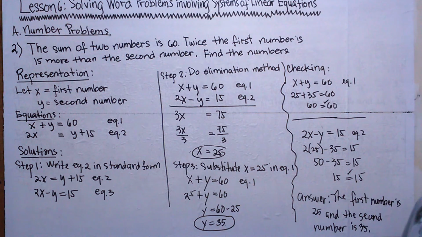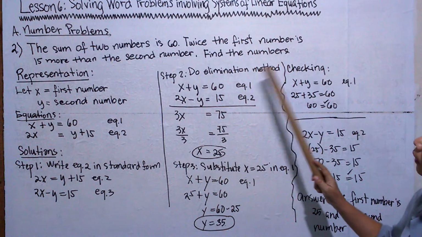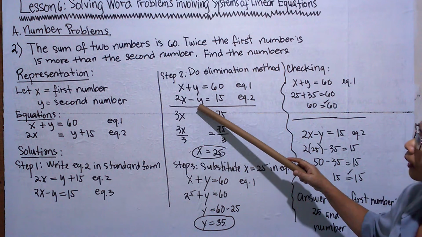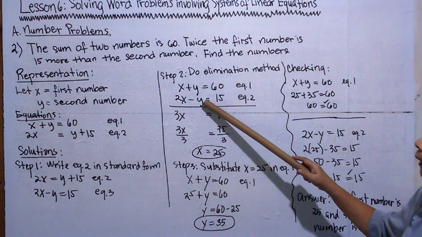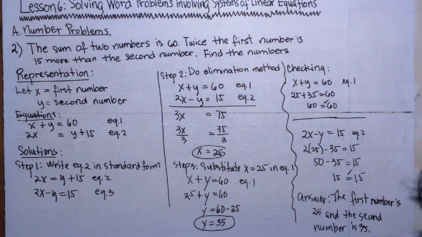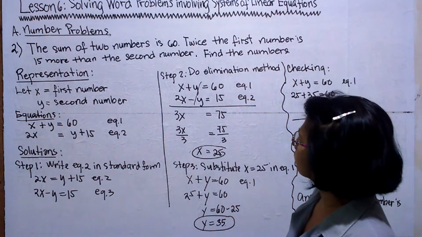For step number 2, we follow the elimination method. Why? Because there is a term here, the y term, which can be eliminated because the terms are exactly the same and the signs are opposite. So this can be cancelled.